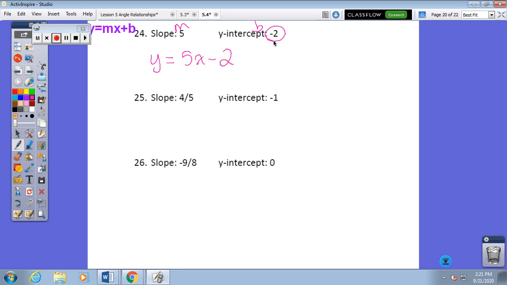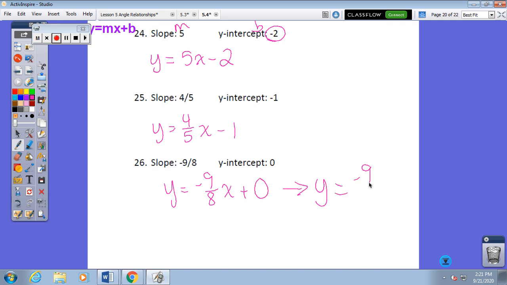There's a negative there, so it becomes minus 2. Y equals 4/5 x minus 1. Y equals negative 9/8 x plus 0. This can also be written as y equals negative 9/8 x. You don't need the plus 0.